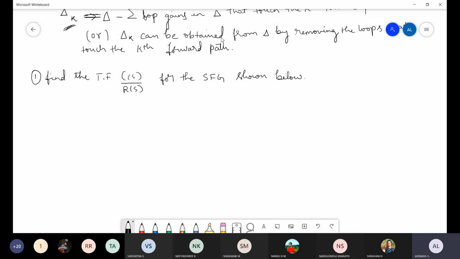So we'll take one signal flow graph, a simple signal flow graph which is asked in the examination. So G1, G2, G3, G4, G5, and if nothing is there, its value is 1.